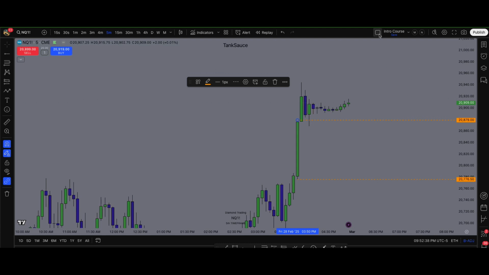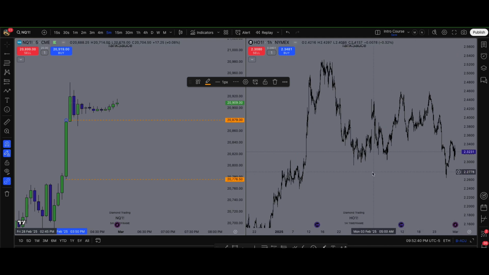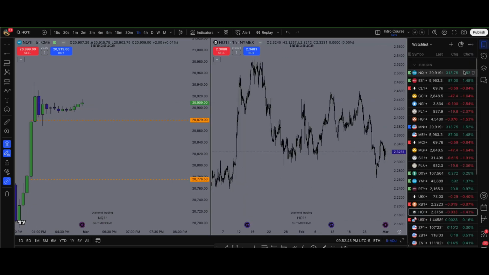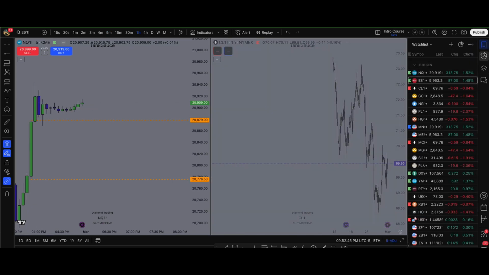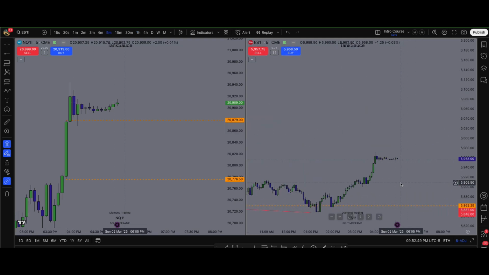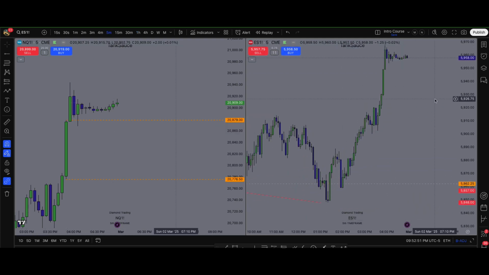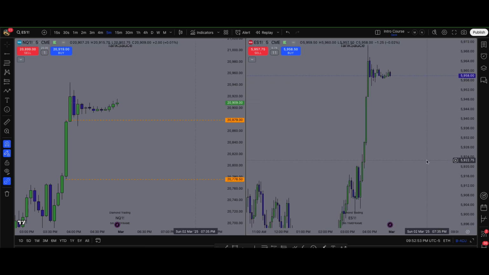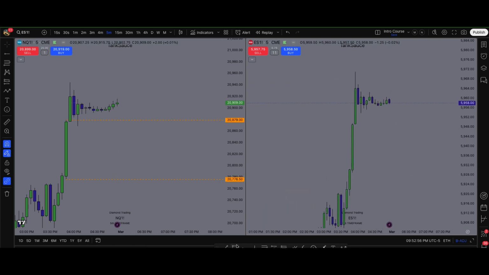So let's show you guys ES as well. ES is right here on the right. We're going to show ES on a 5 minute. We're going to go to that same candle because I want you guys to have these for reference, so you can understand when you're going into this.